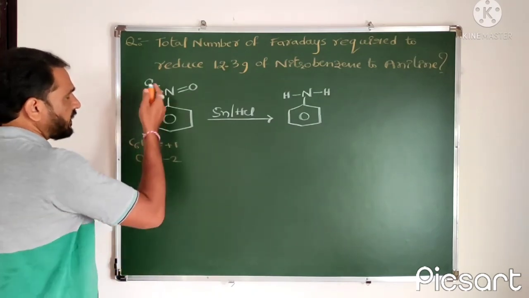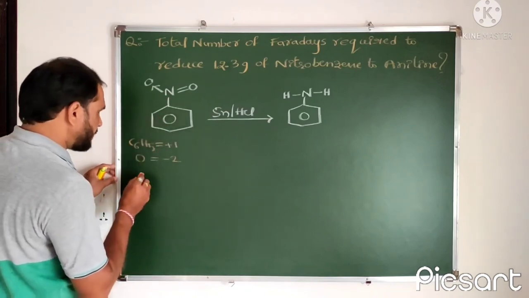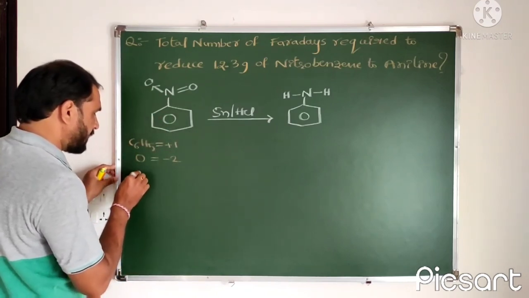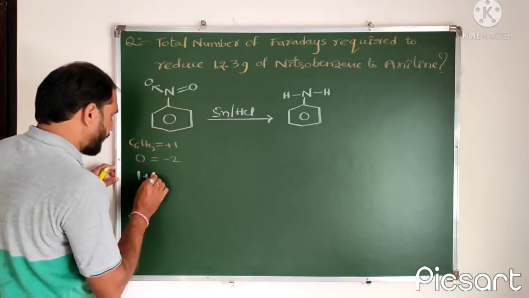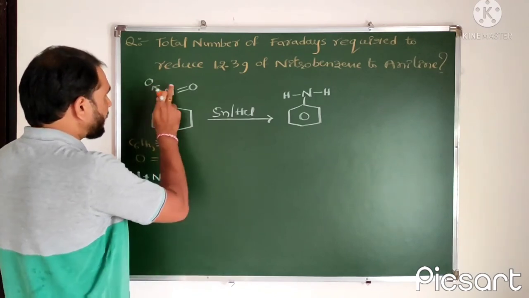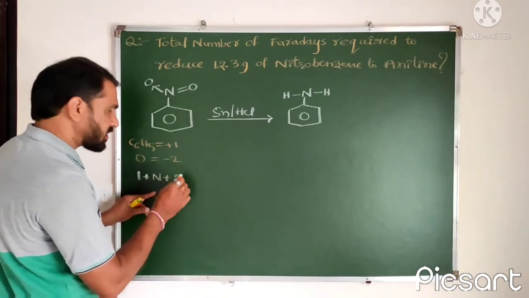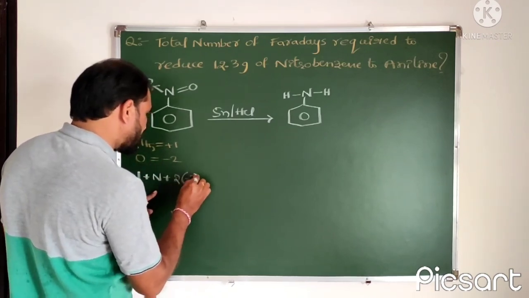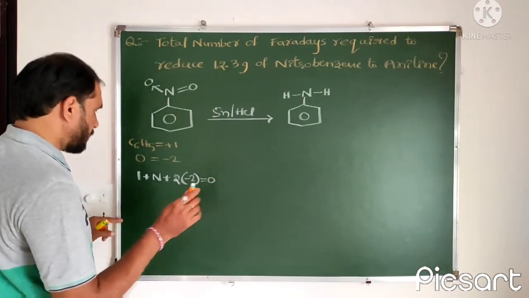One phenyl ring is there, so one, plus nitrogen, whose oxidation state we need to find, plus the number of oxygens, how many here? 2, into each oxygen oxidation state, which is -2. That equals 0. Is it clear? Till this, no problem.